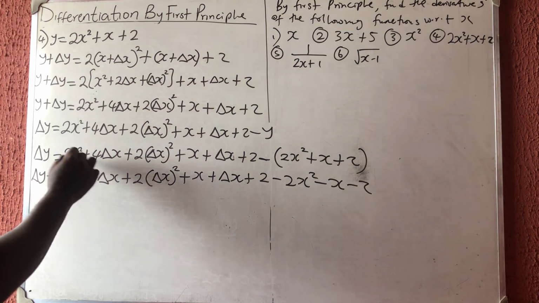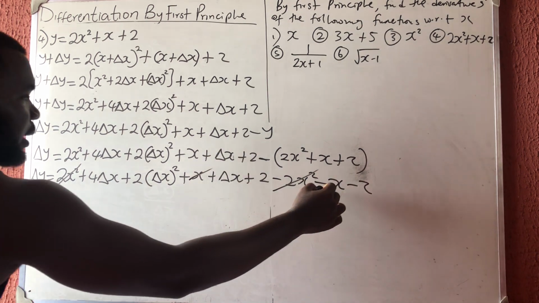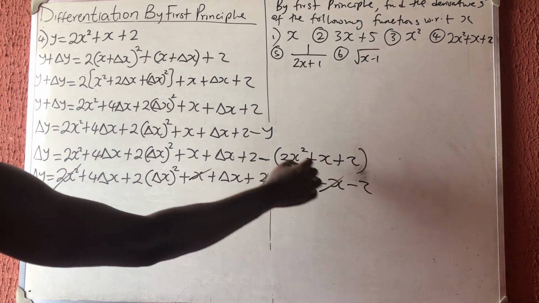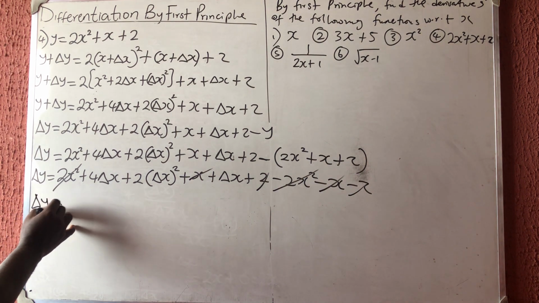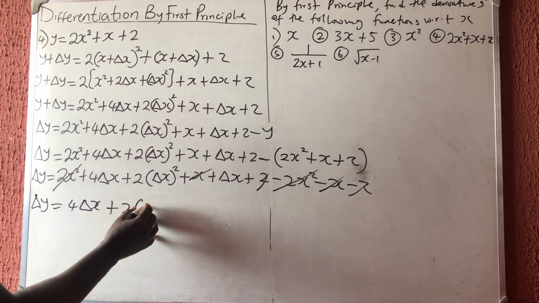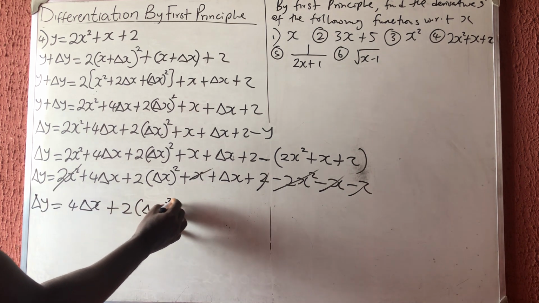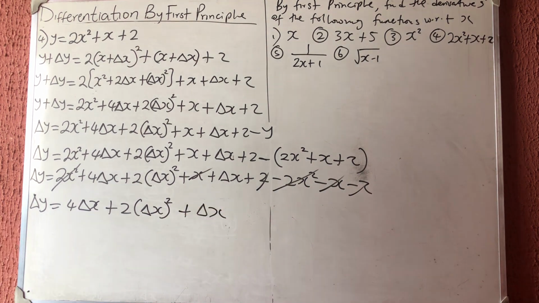If you look at this, 2x squared minus 2x squared is gone, then x and minus x is gone, then 2 and minus 2 is gone. So I'm left with change in y is equal to 4 change in x plus 2 in bracket of change in x all squared plus change in x. That's what I'm left with.